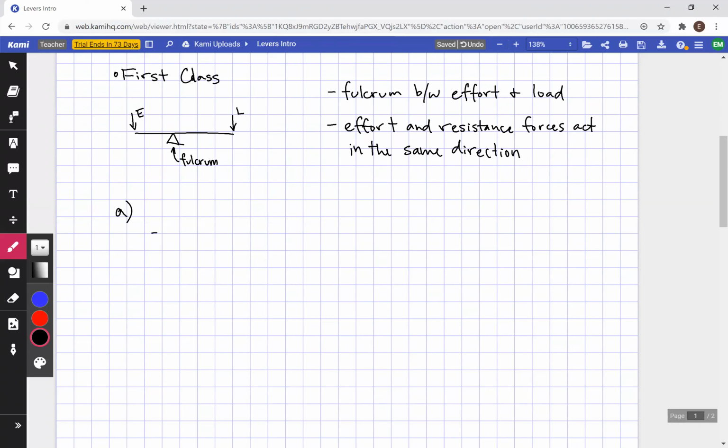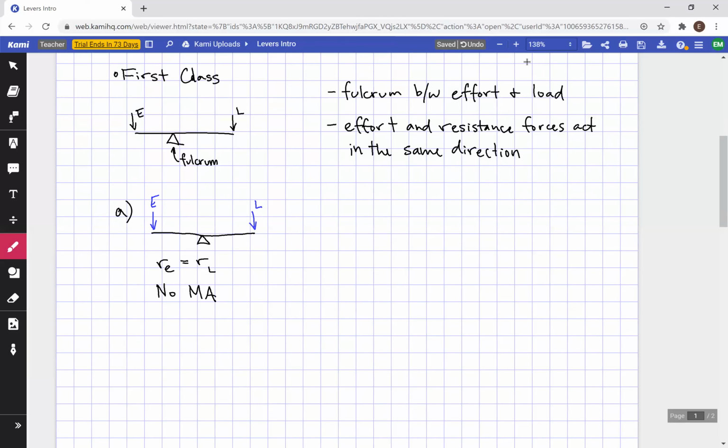The first situation, which is the least interesting, is when your fulcrum is right in the middle of your effort and your load. And if your fulcrum is right in the middle, that means the radius to the effort force is equal to the radius to the load. And in that situation, you have no mechanical advantage.